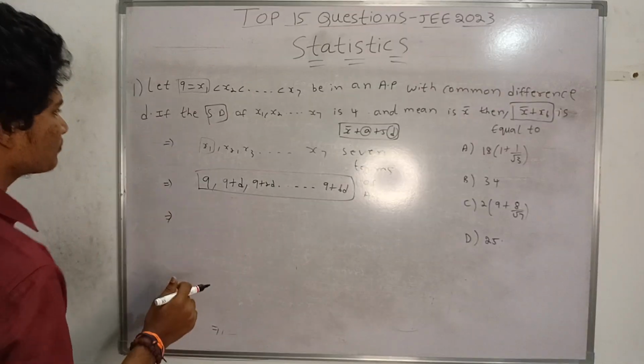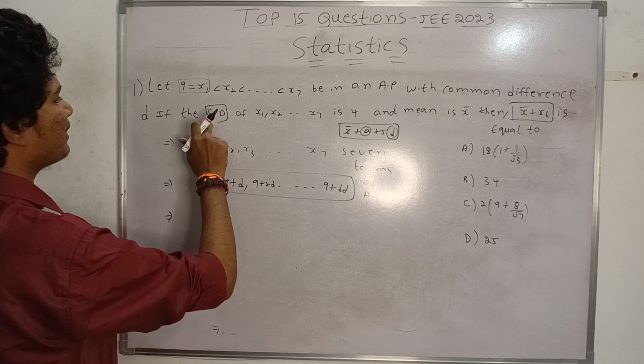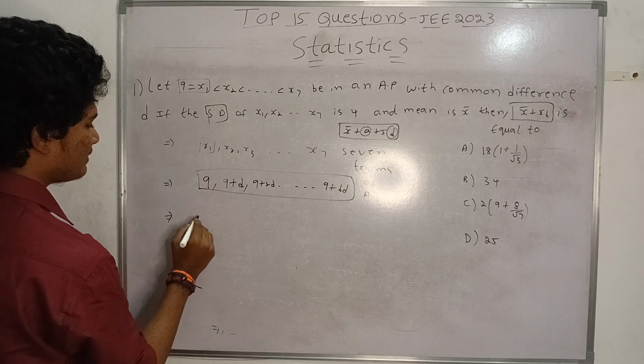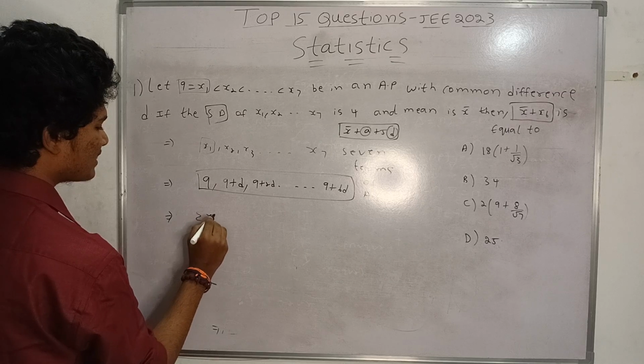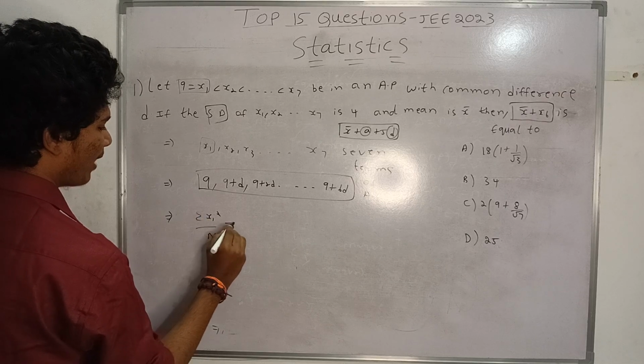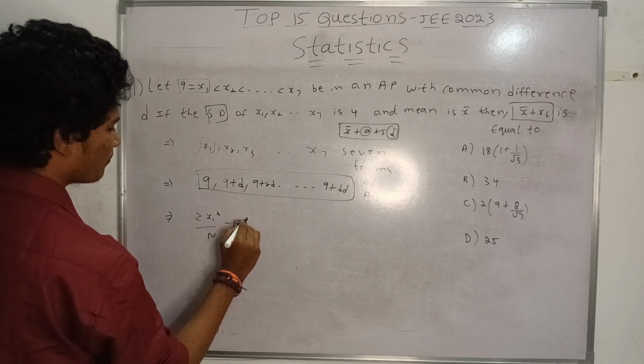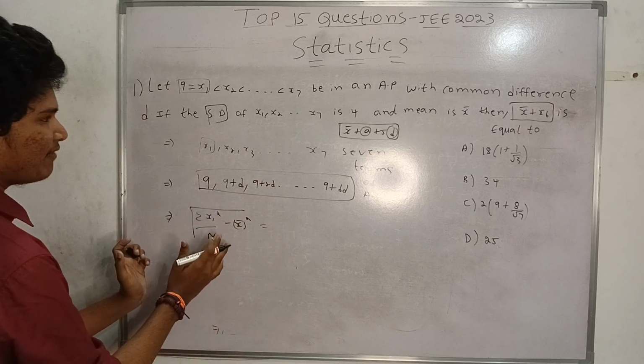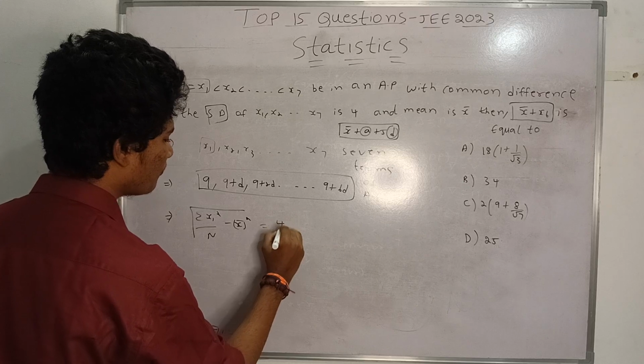For that, first we will apply the standard deviation trick. Standard deviation is the root of sigma xi square divided by n minus x bar whole square. This is the standard deviation formula, and it is given as 4.